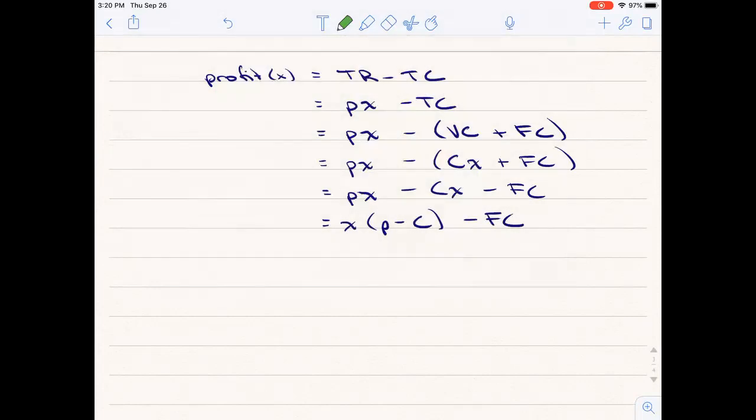I'll put this in green because it's not on your formula sheet, but it is a really handy one to know and to be able to work your way to. Because depending on the question, we might want to start at this point or even up there. And so it's good to be able to work through this pretty quickly.